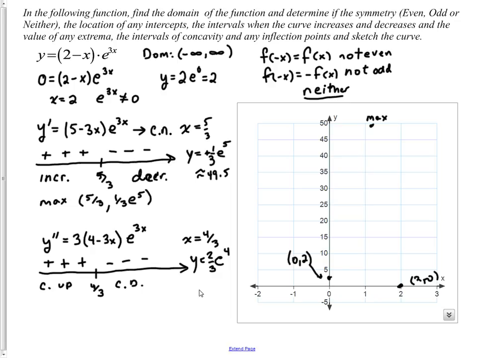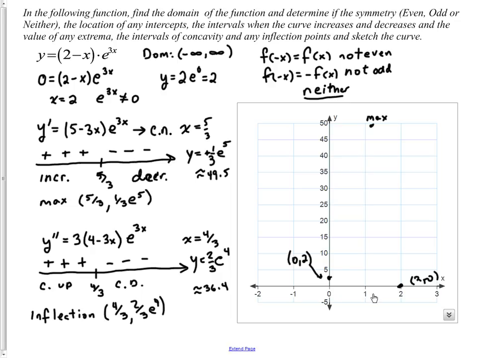And we would note that at 2/3 e to the 4th, that is approximately 36.4. So we're going to have an inflection point at the coordinate 4/3, 2/3 e to the 4th.